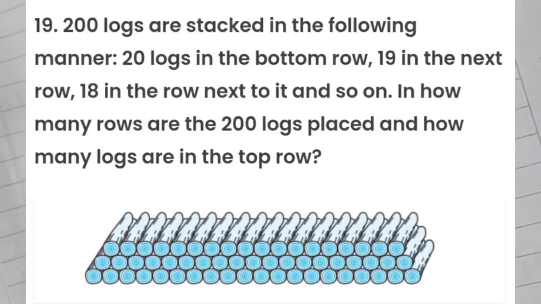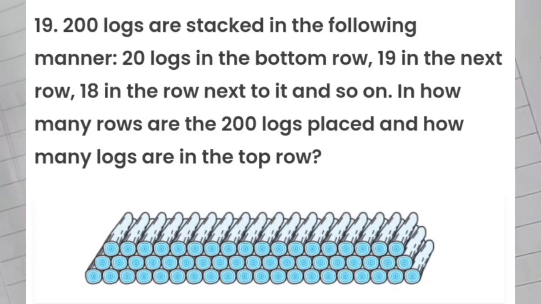Let us solve exercise 5.3, the word problem, the 19th question here. 200 logs are stacked in the following manner: 20 logs in the bottom row, 19 in the next row, 18 in the row next to it, and so on.